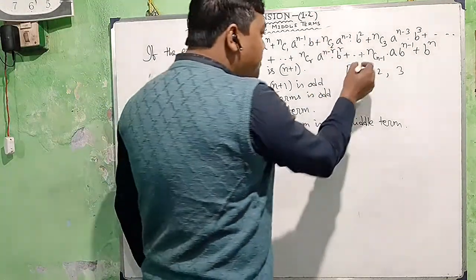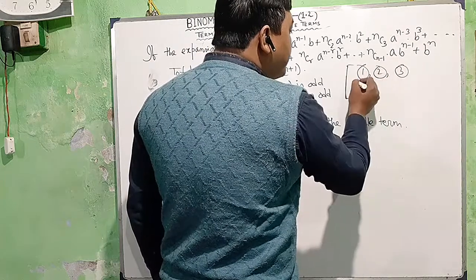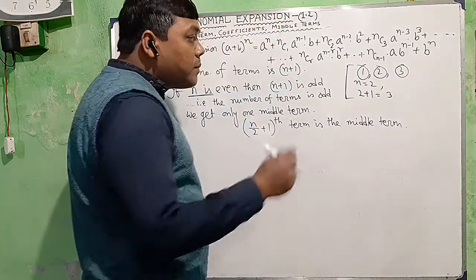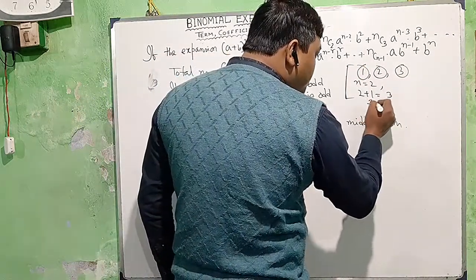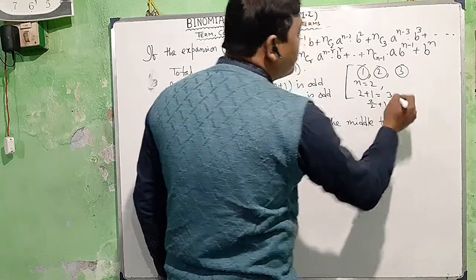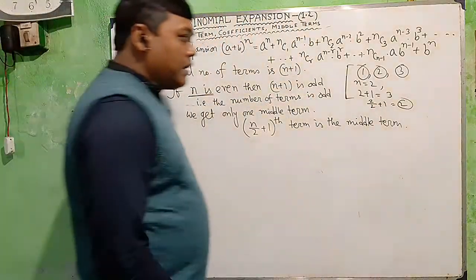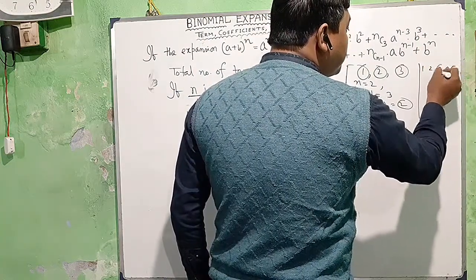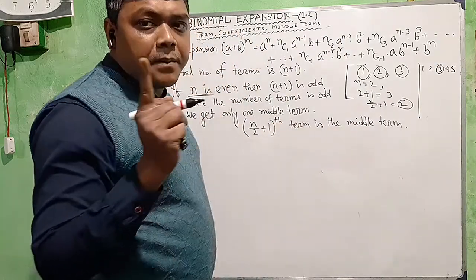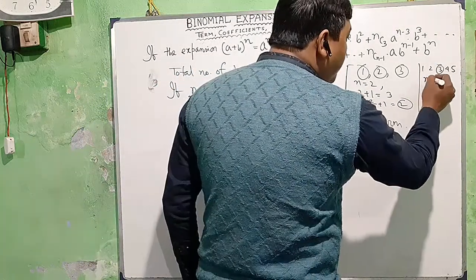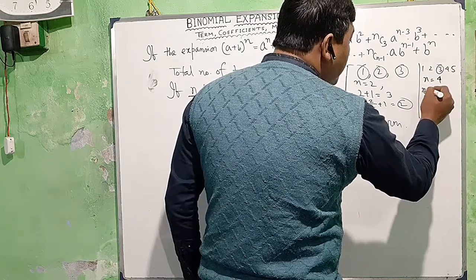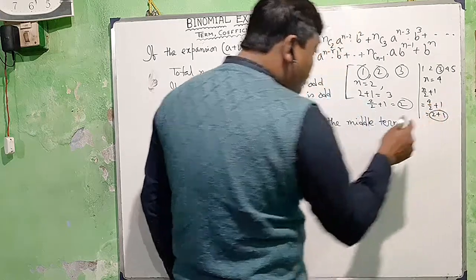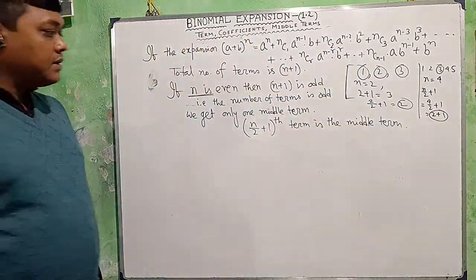For the binomial expansion, when n equals 2, the total number of terms is 2 plus 1, which is 3. So the middle term is the second term, so 2 by 2 plus 1, that is 2. If n equals 4, so 1, 2, 3, 4, 5, the third term is the middle term. So how do we get this when n equals 4? n by 2 plus 1, that means 4 by 2 plus 1, that is 2 plus 1.